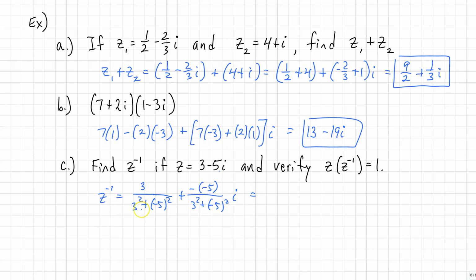So we get 3 over 34 plus 5 over 34i. That would be the multiplicative inverse.